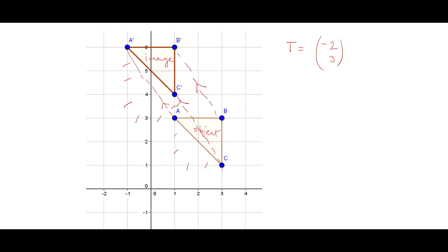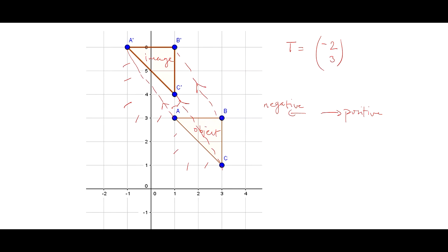So this diagram represents a translation which is given by T, and the translation is given by the column vector -2, 3. So let me show you something one time. In terms of movement, if we are moving to the right, it is positive. If we move to the left, it is negative.